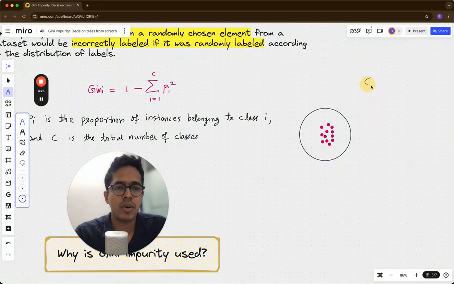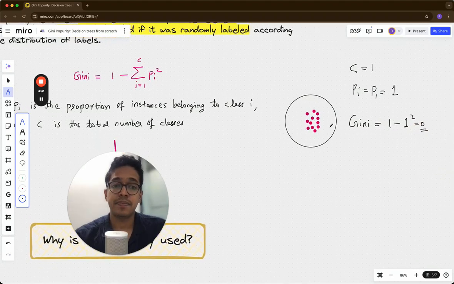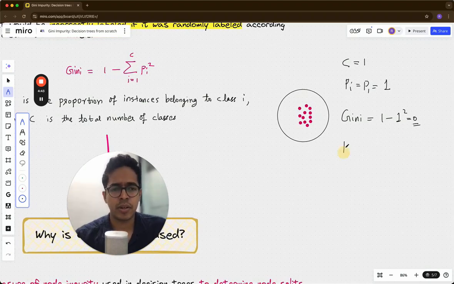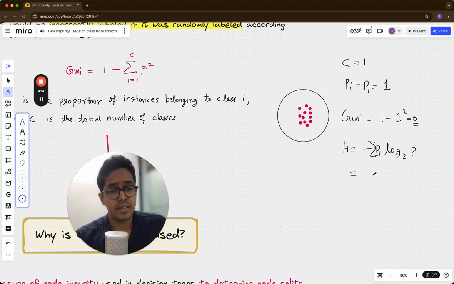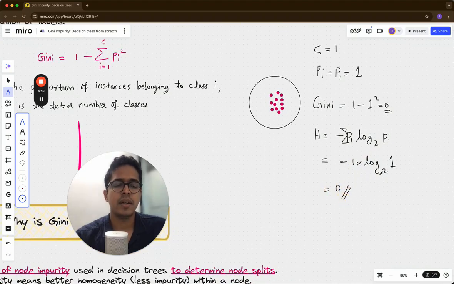So C equals 1 in this example, and p_1 equals 1. What is Gini impurity in this case? Gini impurity equals 1 minus sigma p_i squared, which is 1 minus 1 squared, equal to 0. And we also said that in this case entropy is also 0, because entropy H equals minus sigma of p_i log to the base 2 of p_i. In this case it will be minus 1 times log of 1, which is equal to 0. So entropy is 0, and Gini impurity is also 0.